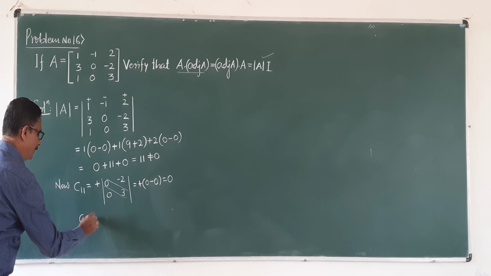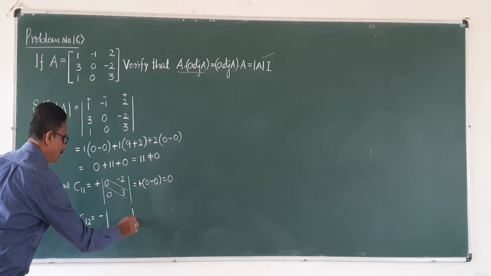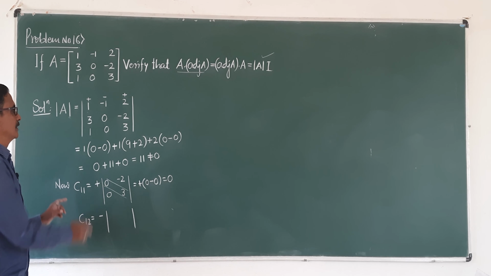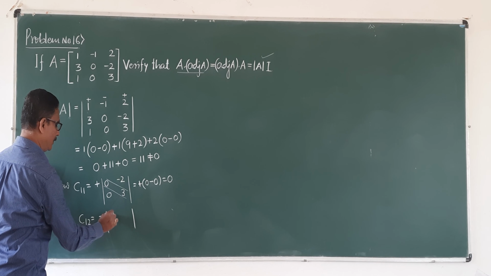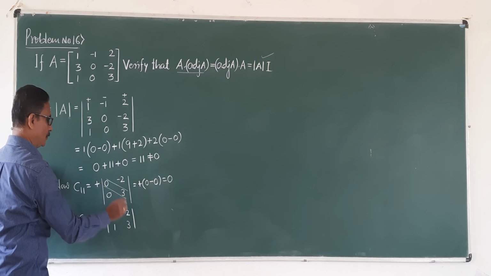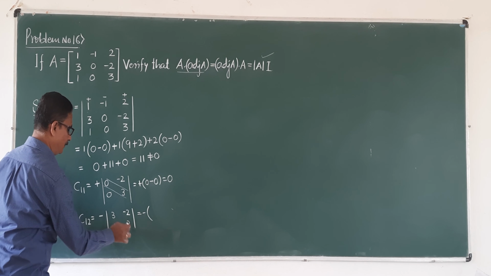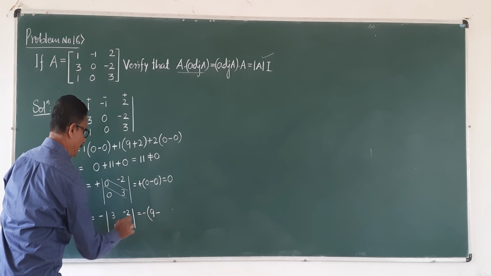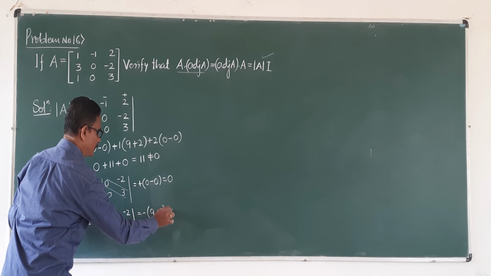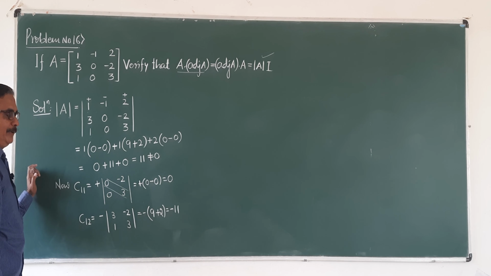Next C12: 1 plus 2 is 3, an odd number, so the sign is minus. Deleting the first row and second column, we get 3, minus 2, 1, 3: the difference of the cross multiplication is 9 minus 1 into minus 2, which is plus 2, giving 11, so C12 is minus 11.